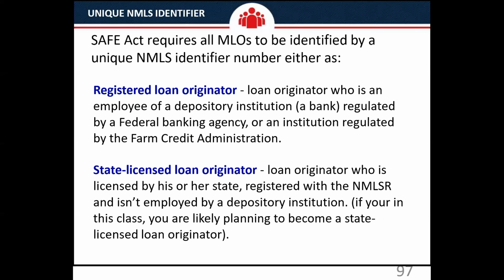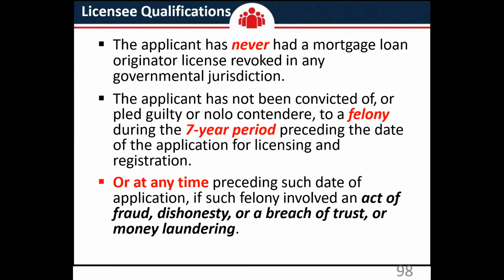So you're a state licensed loan originator, but your license comes through the taking of a national exam. That's why some people say, I want to get my state license. When it boils right down to it, you really are getting a state license, but you're doing it through the national mortgage licensing system. A little tricky there.